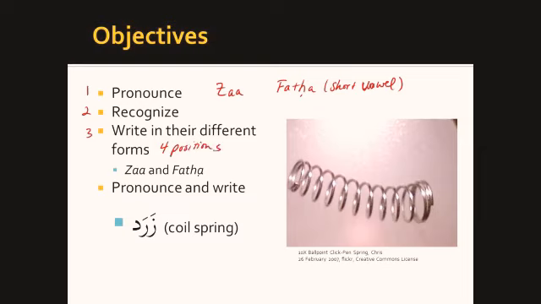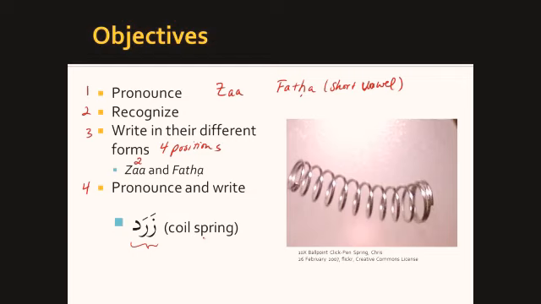But the za, like the ra and the dal and the dhal and the alif and the waw, has only 2 forms out of the 4 positions. Our fourth objective is to pronounce the za and the fatha in a word. And the word that we're going to use for today is zarad. Zarad means spring or coil in Arabic.